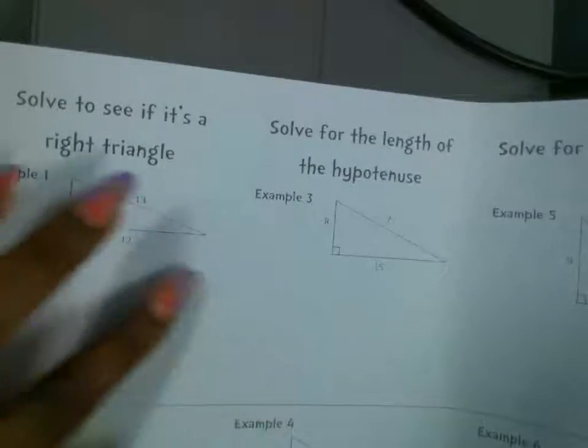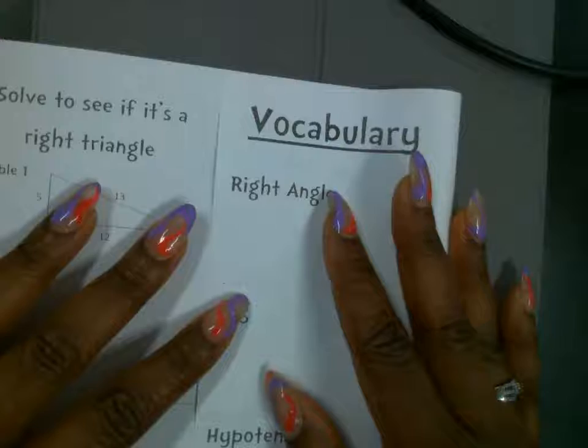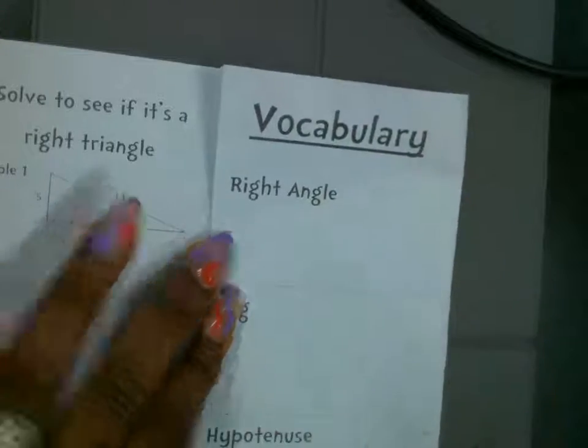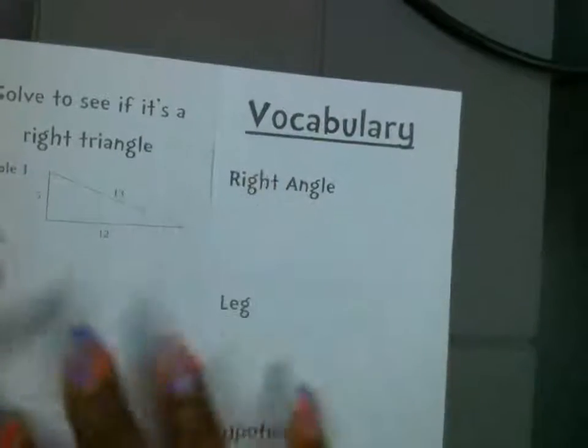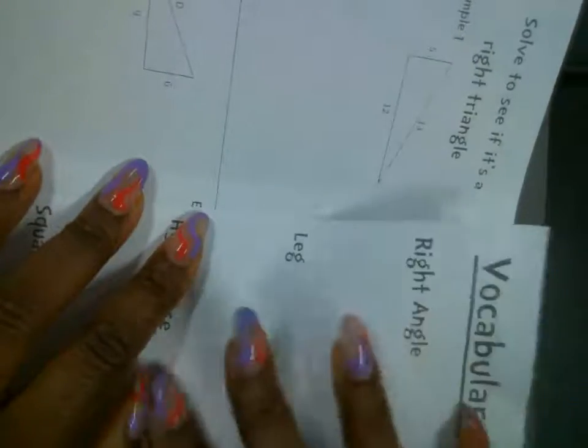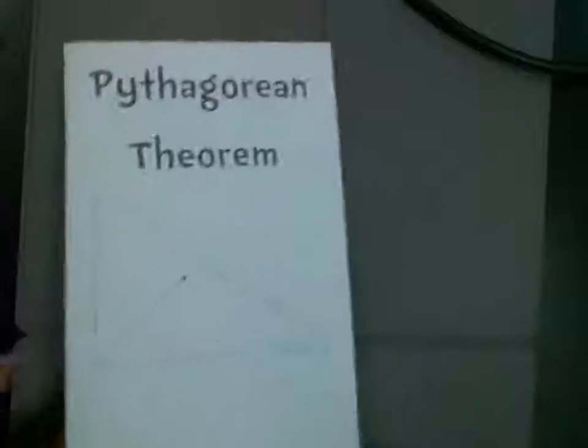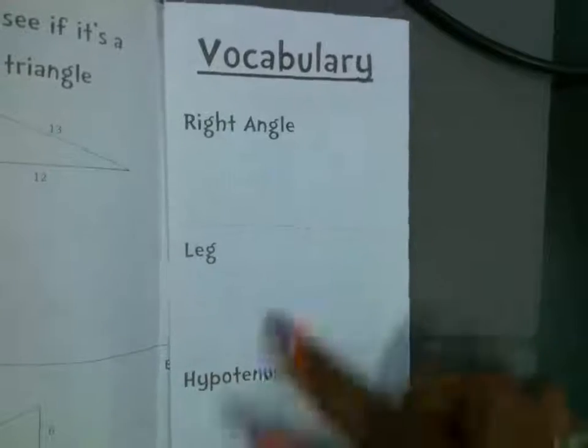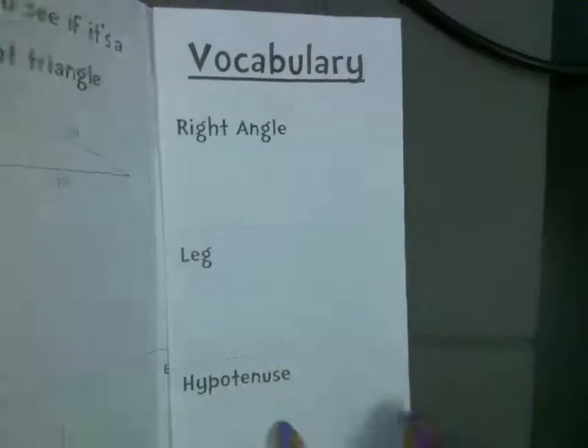Find the middle point between these 2 sections and fold it over this way, just enough to cover these words. And then fold this over to that line to make a tri-foldable. So it's skinny, just like this. So when you open it, vocabulary is the first thing you see here.